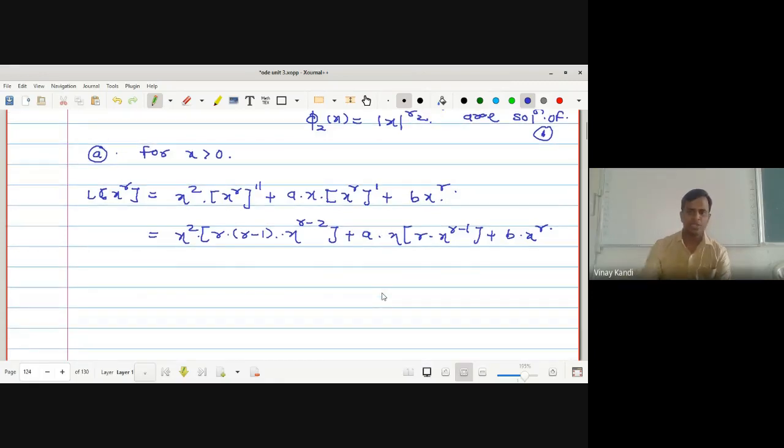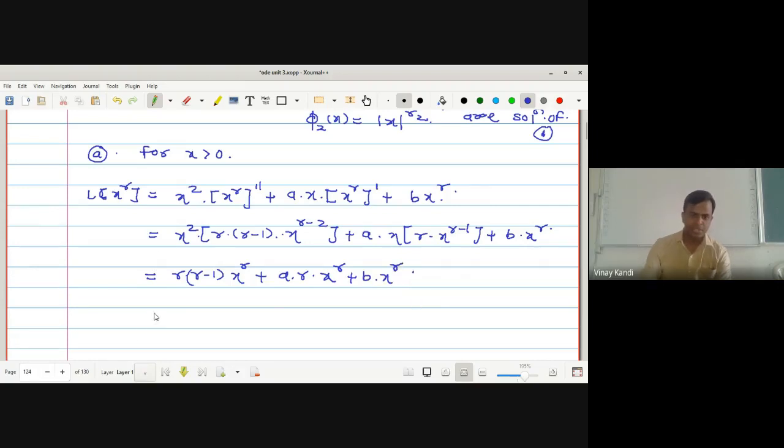Okay, any doubt up to here? Which is equal to r into r minus 1. Now x square into x raised to r minus 2, here we get x raised to r. Plus similarly here a into r into x raised to r, plus b into x raised to r.